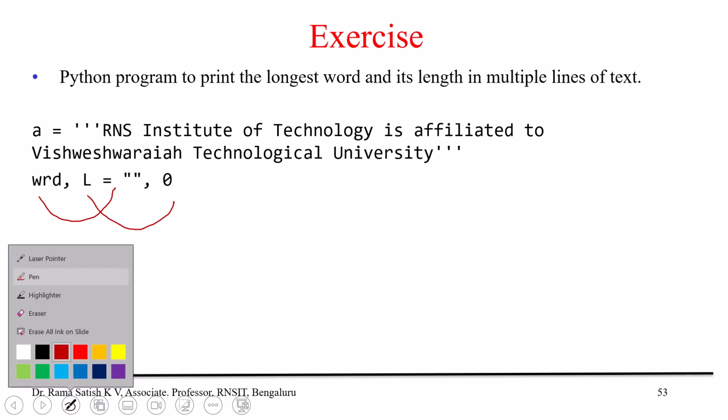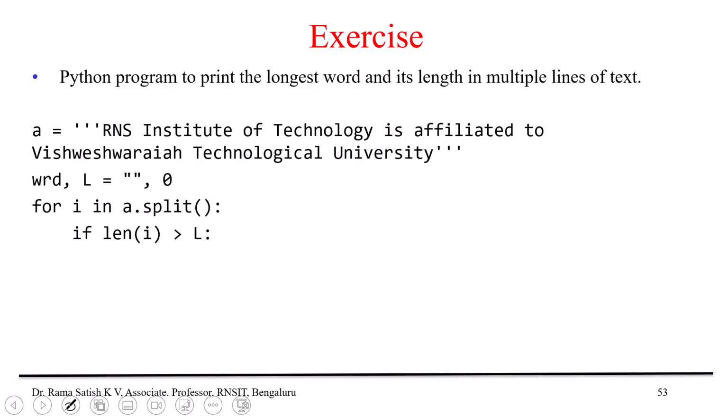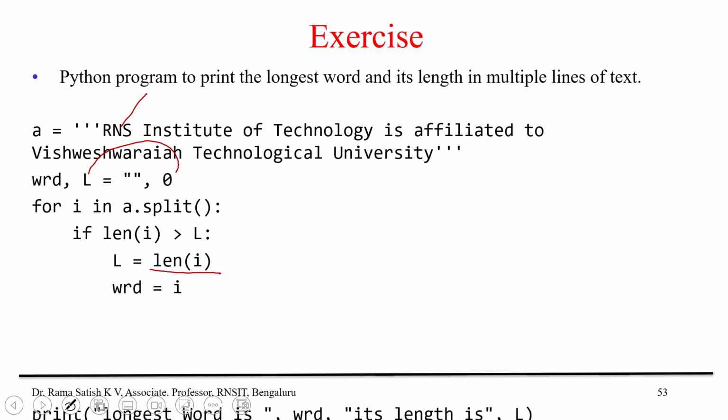So multiple assignment we have done. For I in A dot split, each word is split. If the len of I is greater than L, so L is actually 0, the first length 3 is greater than that. Then the len of that particular word is stored in L, and the word is stored in word.